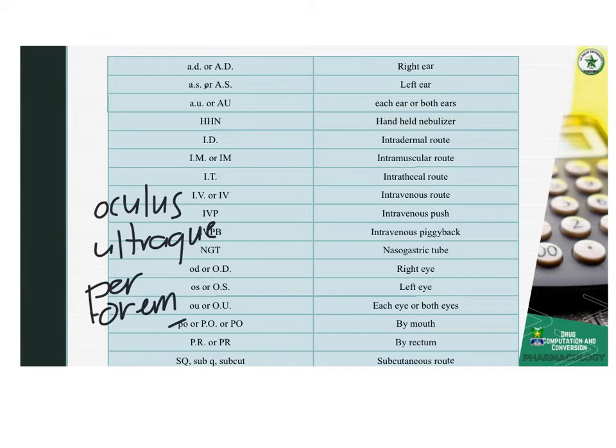We have PR, which stands for per rectum, or by rectum. We have subQ, the abbreviation for subcutaneous. Sometimes SQ, sometimes subQ, and sometimes subcut. All the same, it stands for subcutaneous.